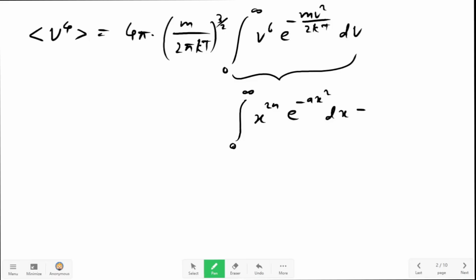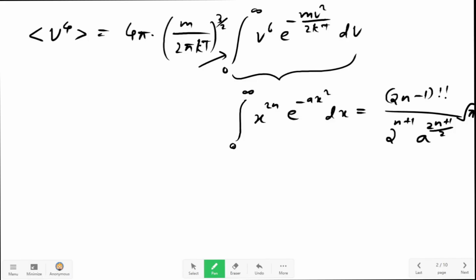This is a standard integral and is equal to 2n minus 1 double factorial divided by 2 raised to n plus 1 a raised to 2n plus 1 by 2 times root pi. When we compare the standard integral with this given integral, we see that n is equal to 3 here and a is equal to m by 2 kt.